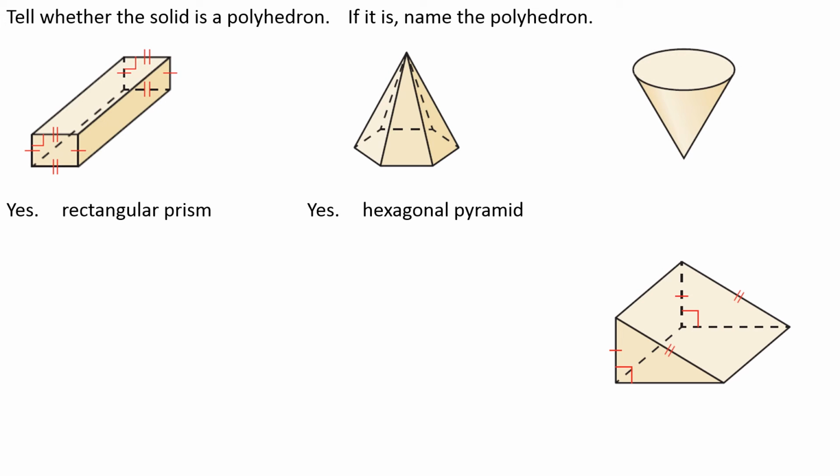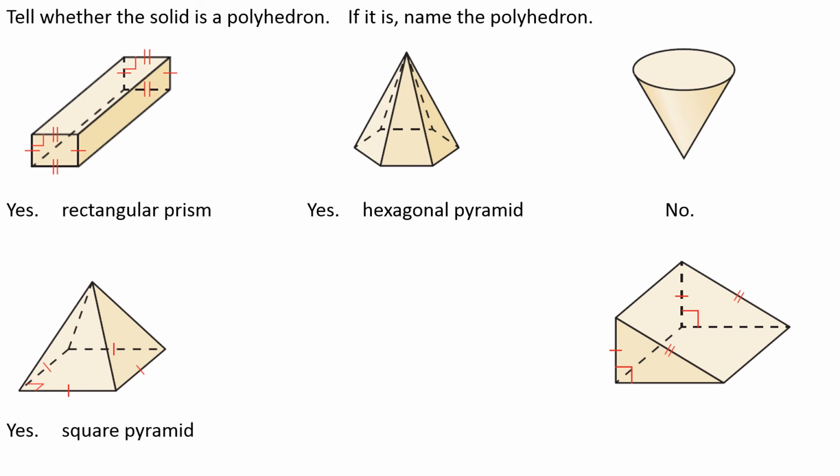Is it a polyhedron? No. It's a nice looking cone, but it's not a polyhedron because not every side is a polygon. Okay, it looks like the base is marked with a 90-degree corner and congruent sides, so we know the base is a square.